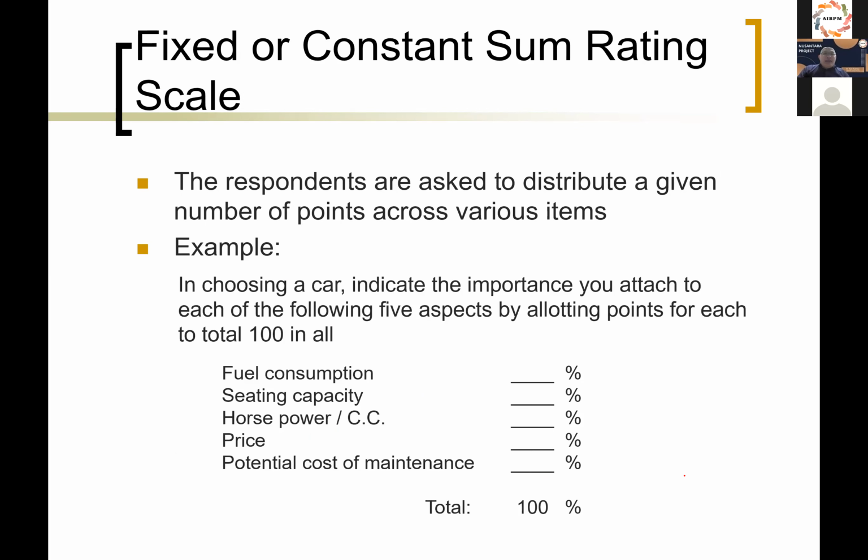This one is rarely used, but it's quite good. Let's say when you want to buy a car, what you consider the most, you need to give marks. When I buy a new car, I will focus on the price very much, so let's say I give 70. The cost of maintenance, yes, but not so important for me because it's a new car, I give only 5%.